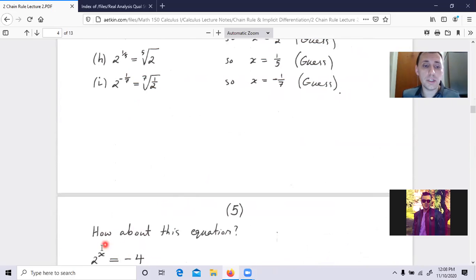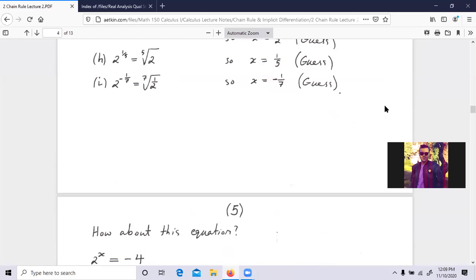How about this equation, guys? 2 to the power of x equals -4. What would you say for this equation? What would x be if 2 to the x equals -4?